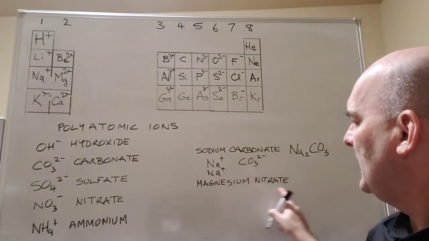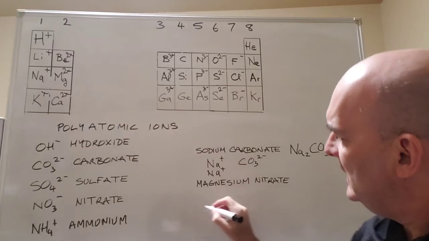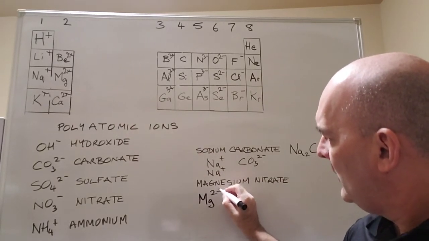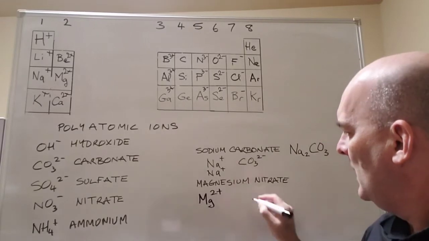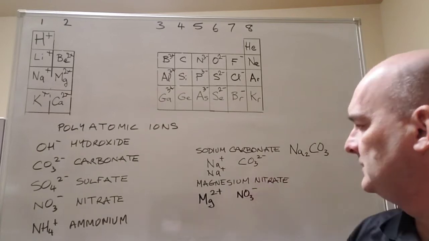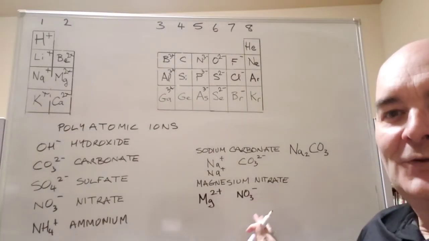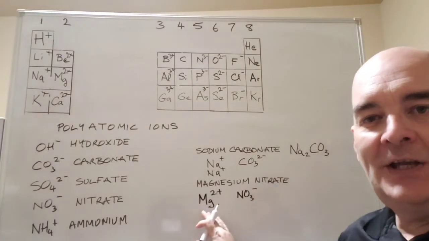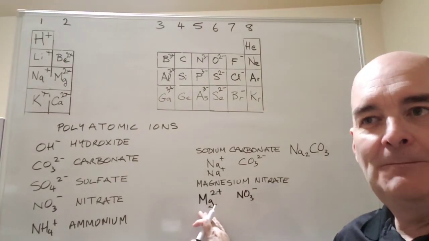If we were to look at magnesium nitrate, we would find magnesium in group 2, so it makes a 2 plus ion, and then nitrate is NO3 minus. So now I need twice as many anions as I do cations.